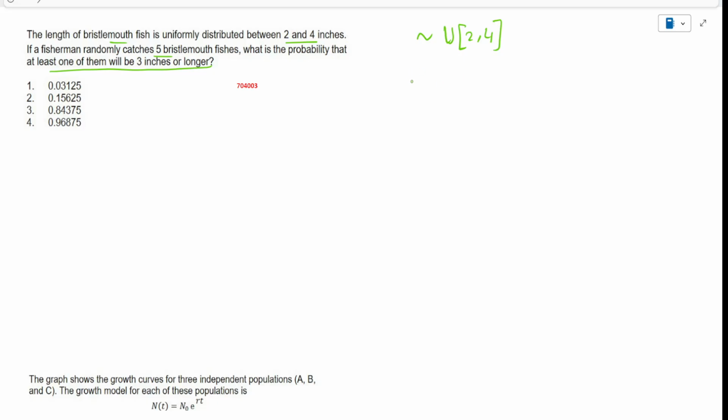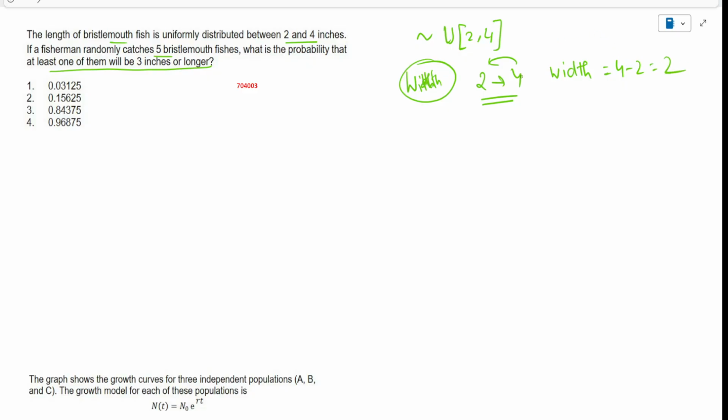Suppose we take the width. The range is from 2 inches to 4 inches. So what is the width of this range? The width is 4 minus 2, equal to 2.